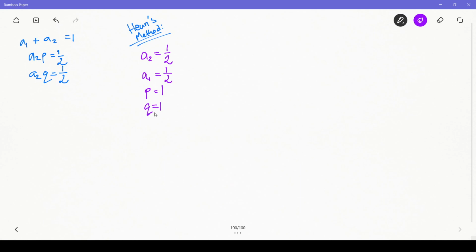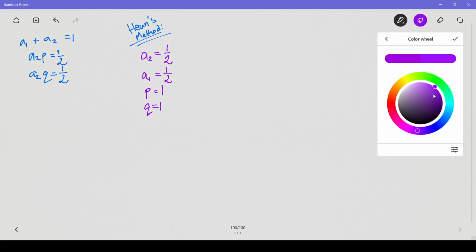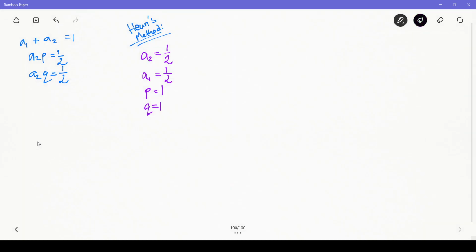Okay, so now that we know the values of all four of our unknown coefficients, let's see what the graphical representation looks like. Let me write down the equations again here for better clarity. So what did we write? We wrote that our y sub i plus 1 will be y sub i plus a weighted sum of the slope values at two particular points, right?